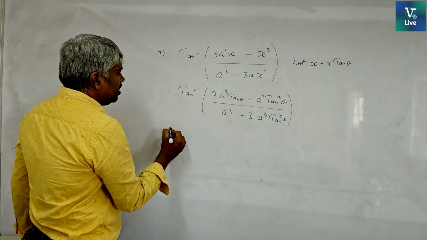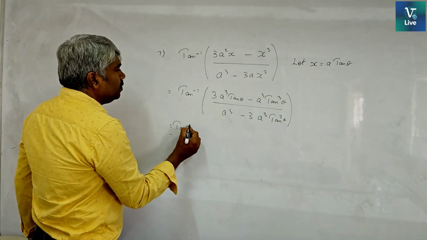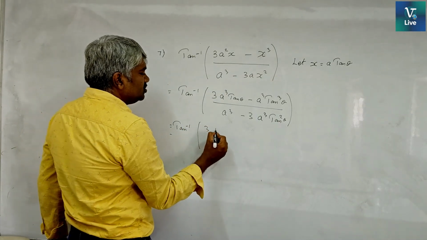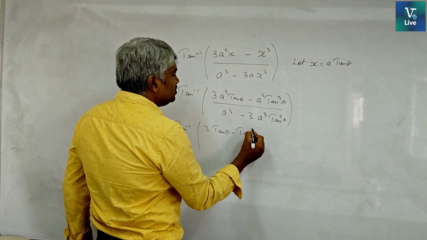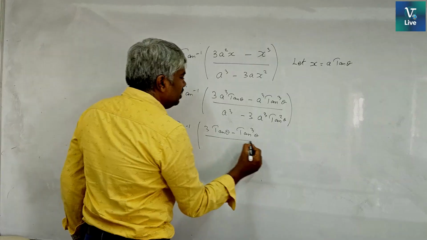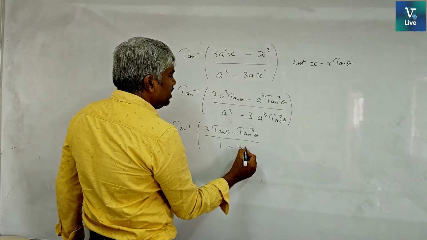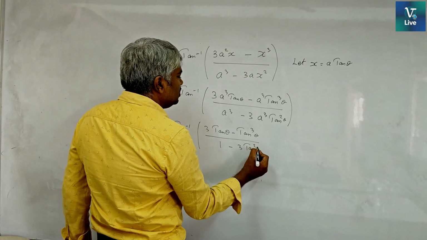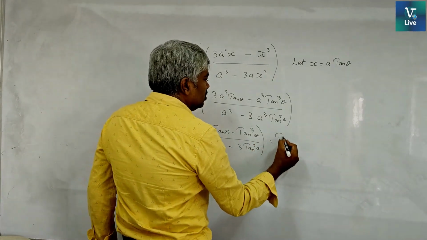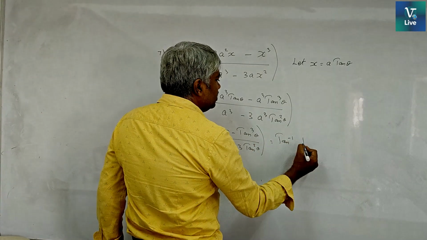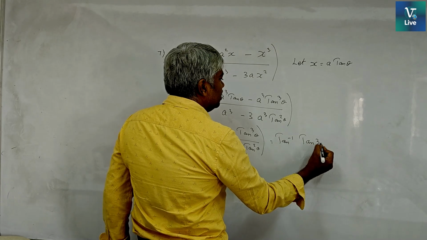Divide both numerator and denominator by a cube, which gives 3 tan theta minus tan cube theta divided by 1 minus 3 tan square theta. So this is the formula of tan 3 theta.